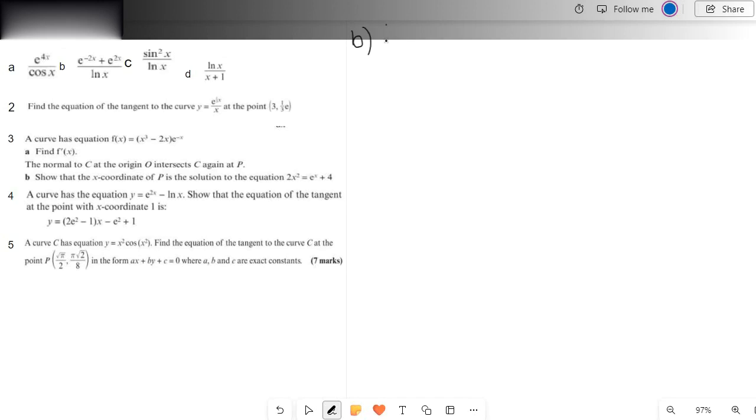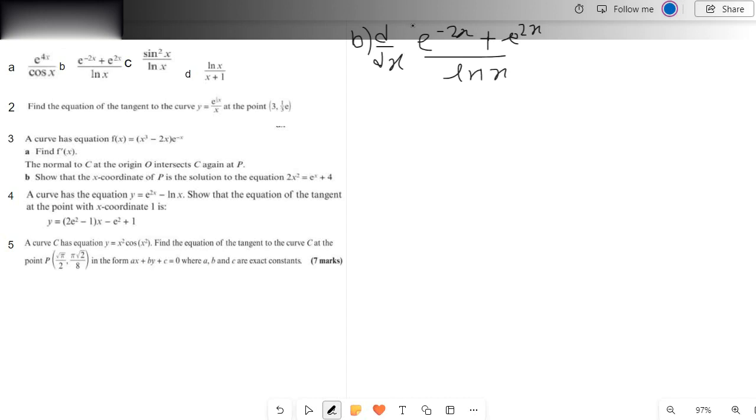For part B, we have d/dx of (e to the power minus 2x plus e to the power 2x) divided by ln x.